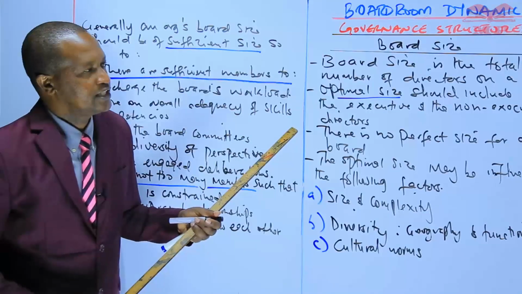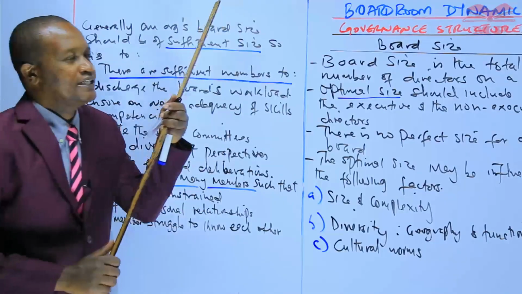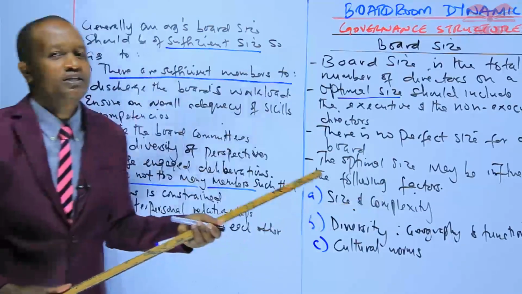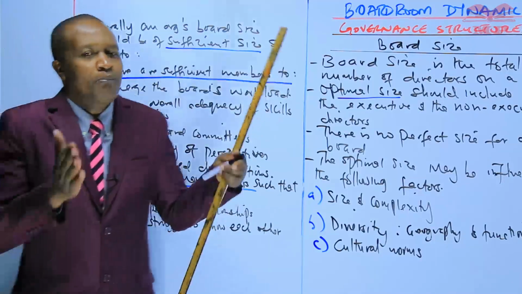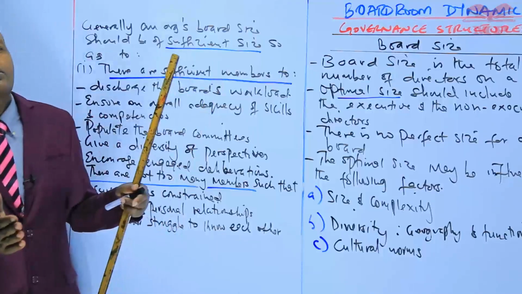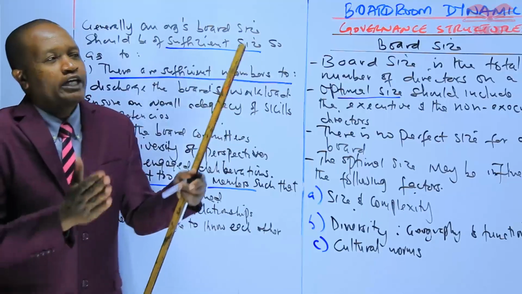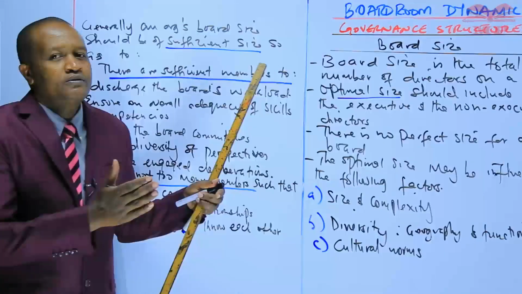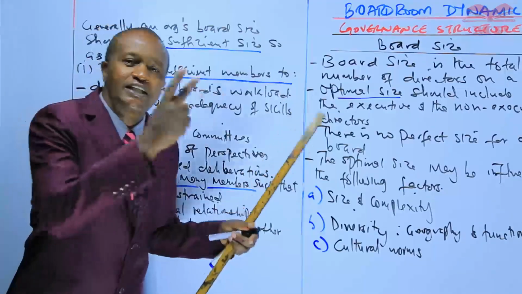Another point is that, candidates, a board should be structured desirably so that there is at least a critical mass of, say, at least two for a small board, and that board should be a board of independent directors, at least two.